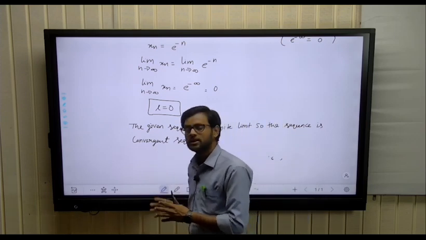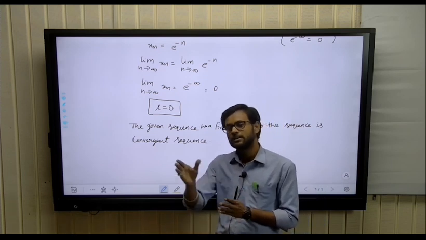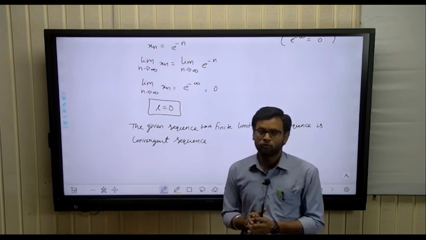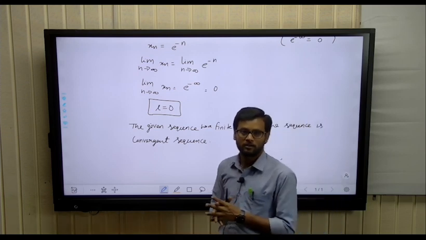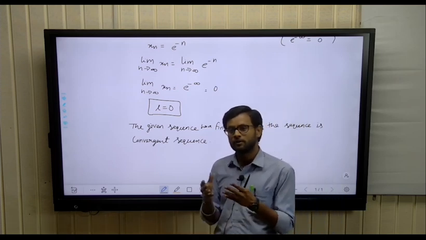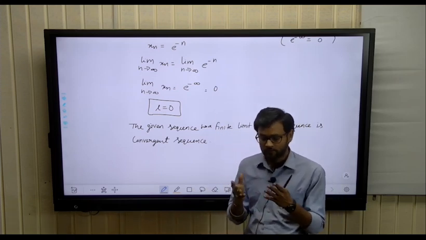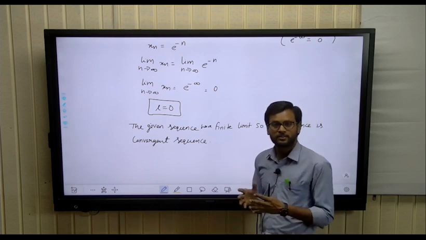Now the question arises that if the sequence has a finite limit, then we say the sequence is convergent. Suppose the sequence has an infinite limit, then what do we say about the sequence? So now we discuss the divergent sequence.